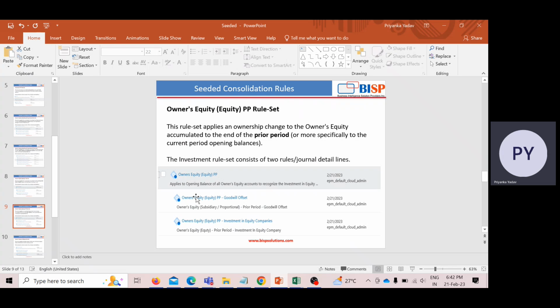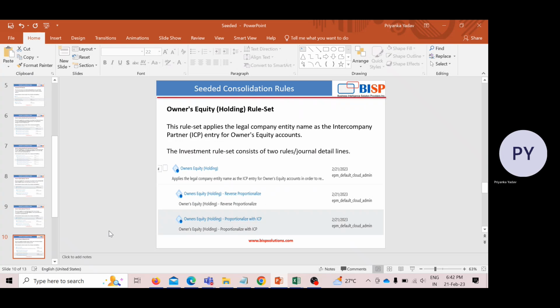The two rules are goodwill offset and investment in equity companies. Next is owner's equity holding rule set.